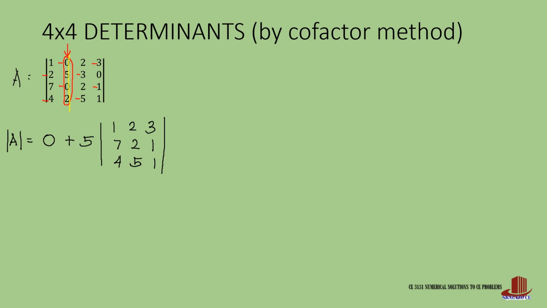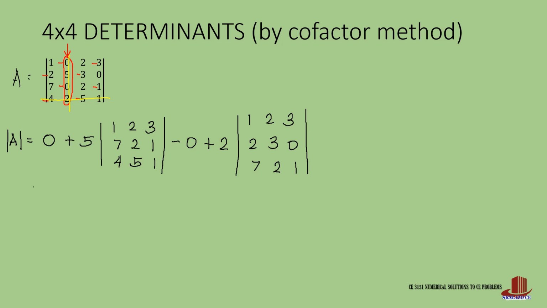Moving on to the next, we would still have there negative 0. So, taking on the fourth term, we have positive 2 with the determinants 1, 2, and 3, 2, 3, and 0, and 7, 2, and 1. Then this would be as short as having only 2 terms.